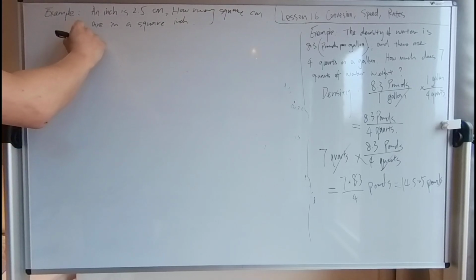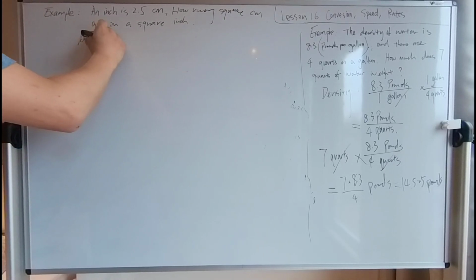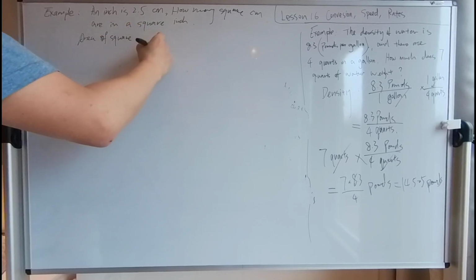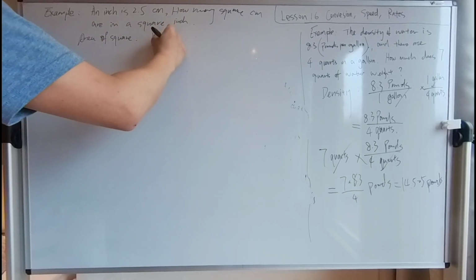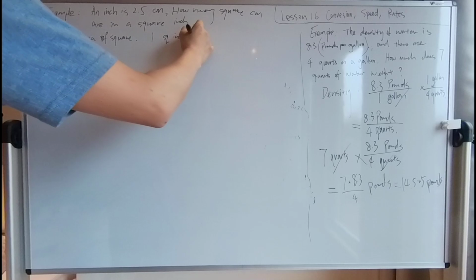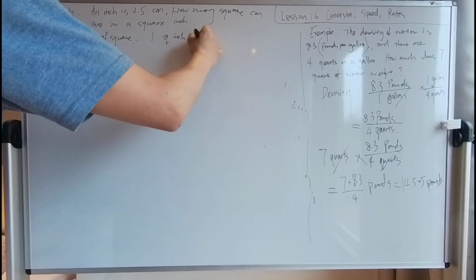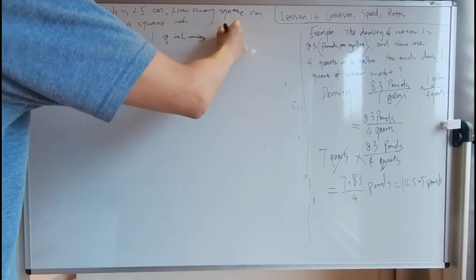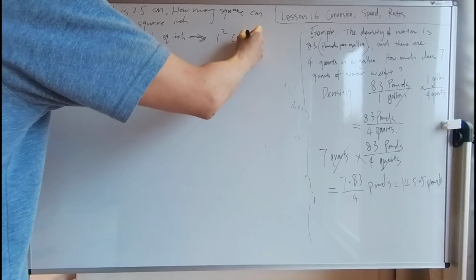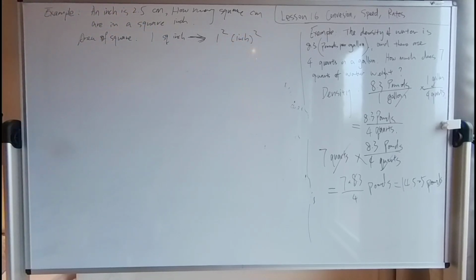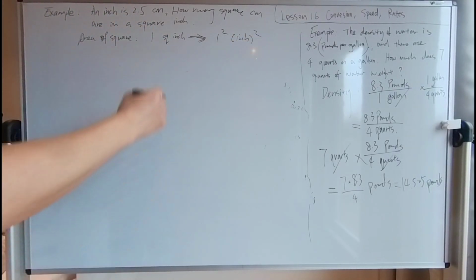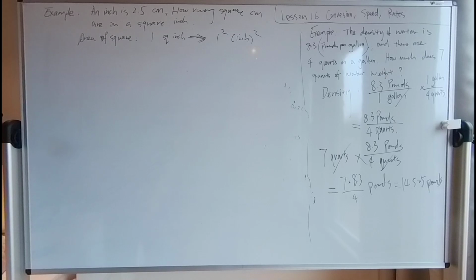So first of all, the area of a square is 1 inch times 1 inch, right? So that's the area. Inch is the unit of length, and inch square is the unit of area.